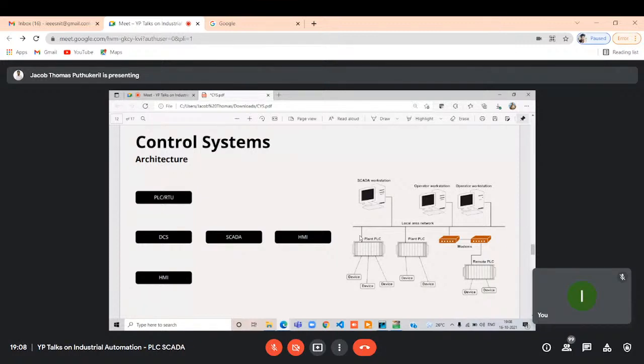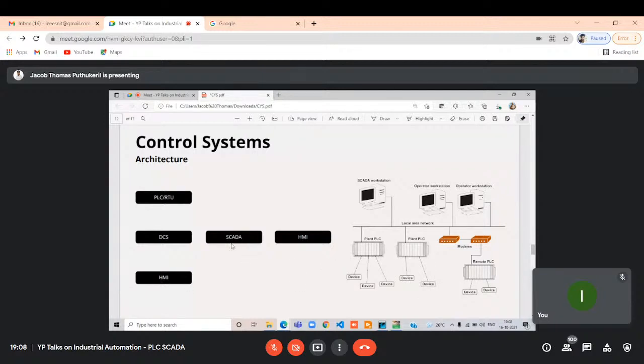We can control the particular PLC through an HMI. If an HMI is here, we are able to control this PLC, but we can't control that PLC. We can only get to know the status of the other PLC, and we are able to control the particular or parent PLC through an HMI system.